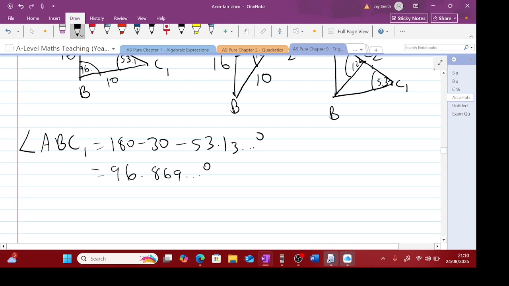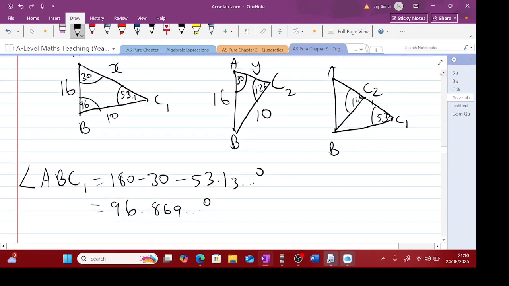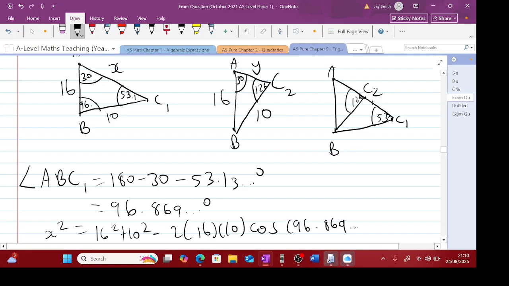So therefore, if we use the cosine rule to work out the x here, then it's going to be x squared equals the other sides squared, so 16 squared plus 10 squared, take away two lots of 16 times 10 times cosine of my angle, this 96.869.